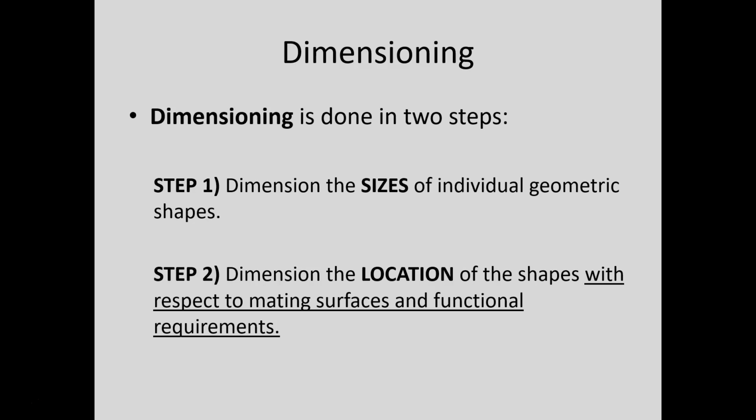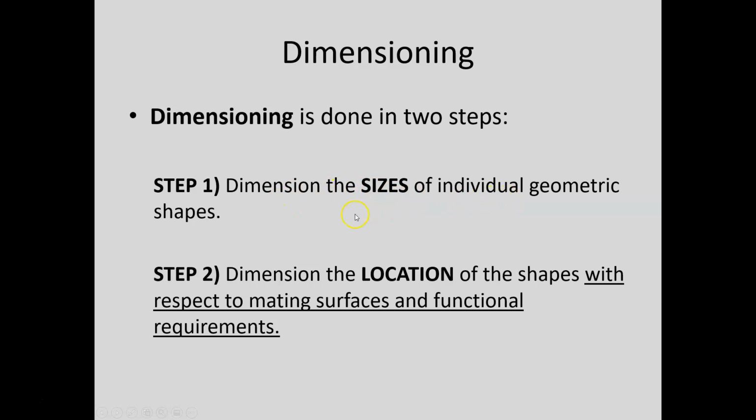Not only that, but in order to really properly dimension it, we would know what the function of that part is, how it's going to be used. Whether it's going to be under stress, whether it's going to be rotating, whether there's high friction, whether there's high heat, all that good stuff. So step number 2, the underlined part, is a challenge. But definitely step number 2, we can approach that and kind of understand how we should be approaching that. Step number 1 is a little bit more straightforward.